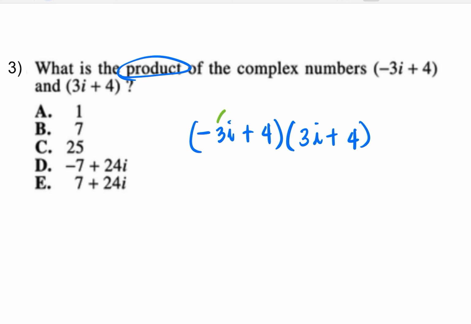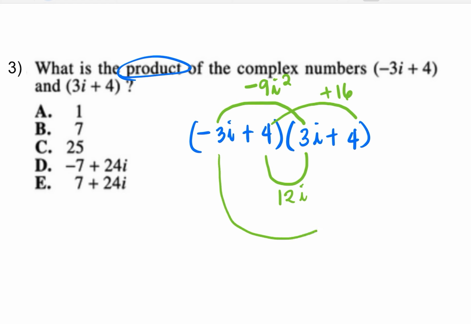I'm going to use this method, and I call it funny face. I multiply the first terms, negative 3i times 3i is negative 9i squared. And then this side right here, the last terms, 4 times 4 is positive 16. And then the inner, that is 4 times negative 3i, which would be negative 12i.